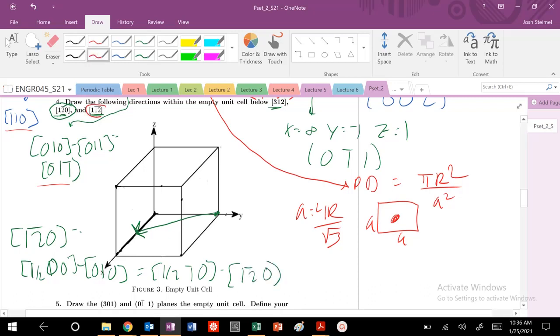What about this one? Let's draw this. So now I want 1, 1 hat, 2 hat. I could do the same thing. I need this to be a half, and I need this to be 0. Actually, excuse me, it's going to be 0, 1/2, and it's going to be 1.